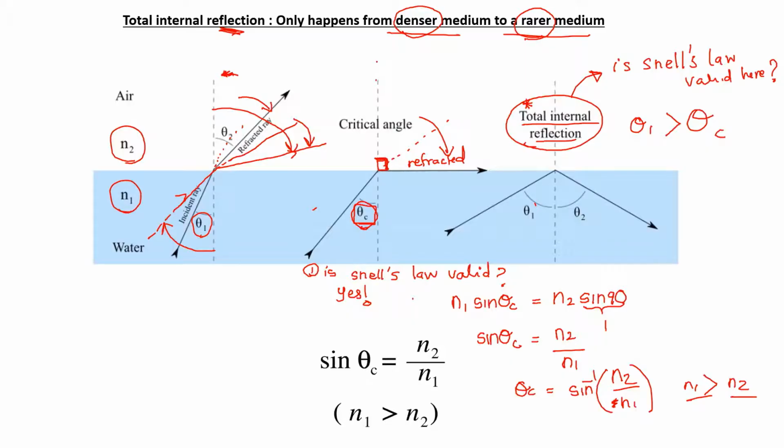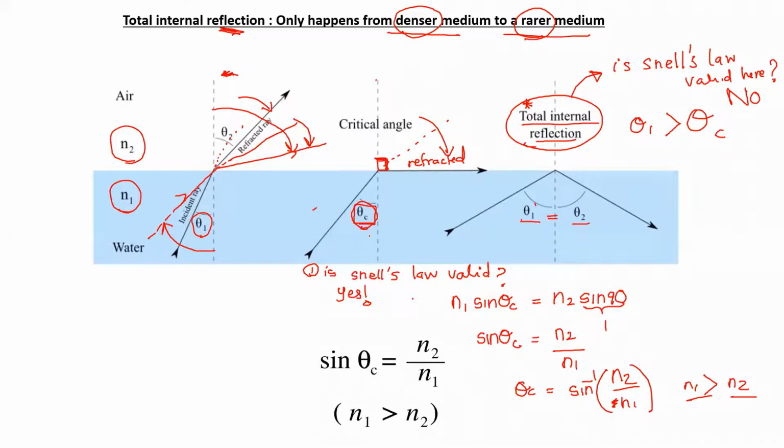No. It's not valid here, because there's no refraction happening. Both the rays are in the same medium. This is a reflection, which follows the reflection rules, so theta 1 is equal to theta 2. It is like a normal reflection.